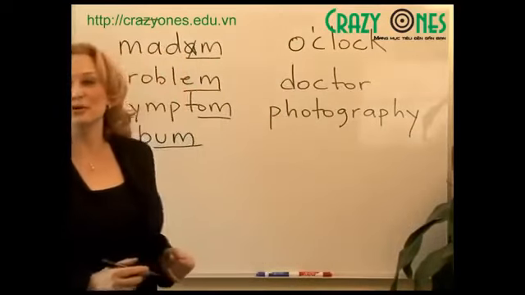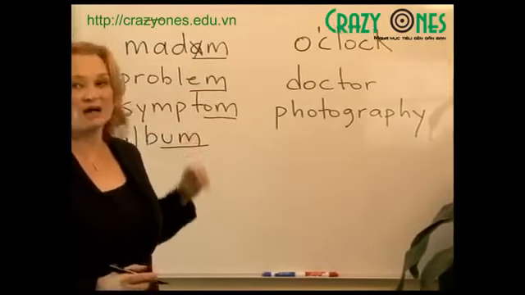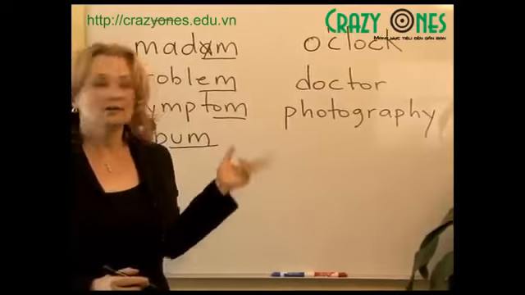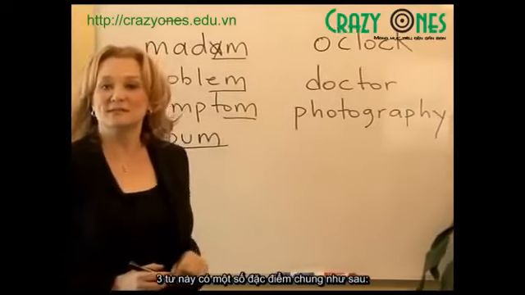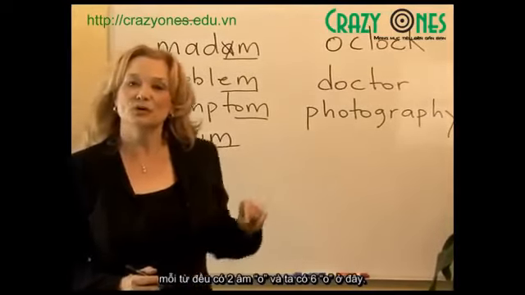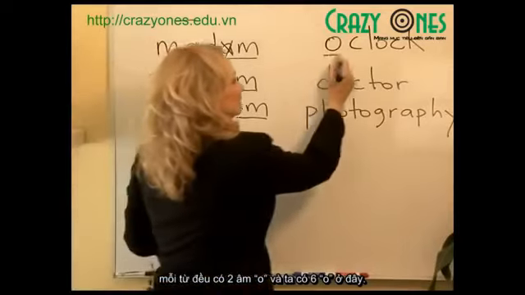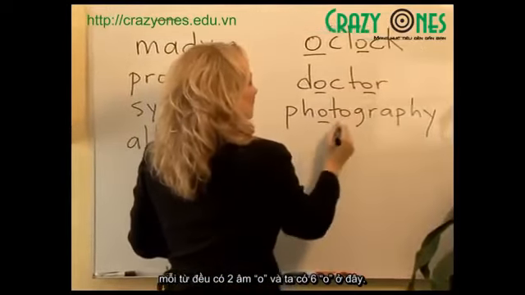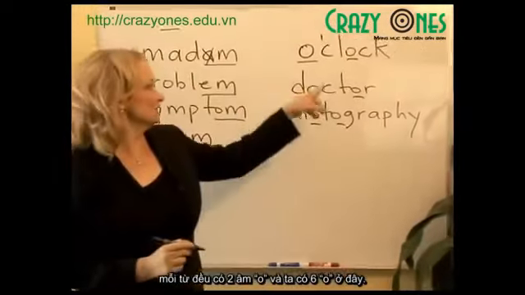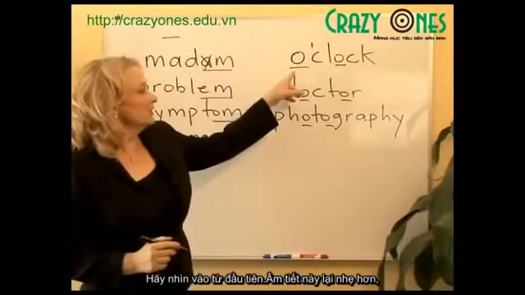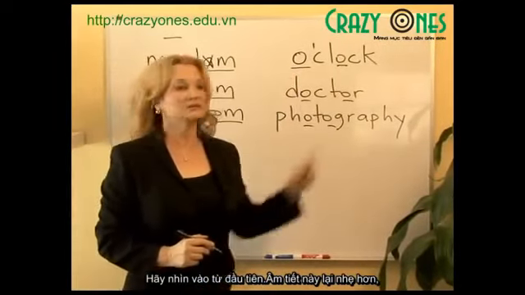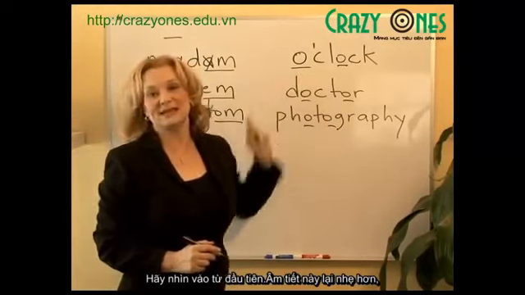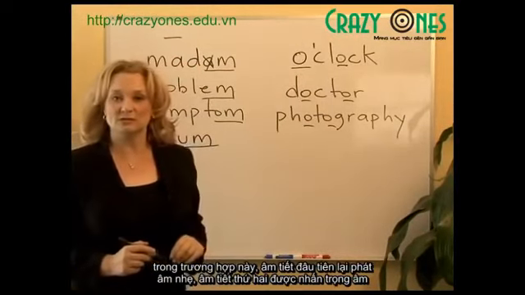Look at these three words, o'clock, doctor, and photography. These three words have something in common. Each word has two O's. There are 6 O's here. Look at the first word. This syllable is reduced in this case. The first syllable is reduced.